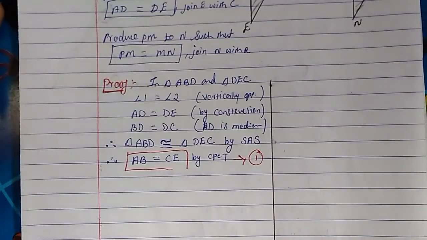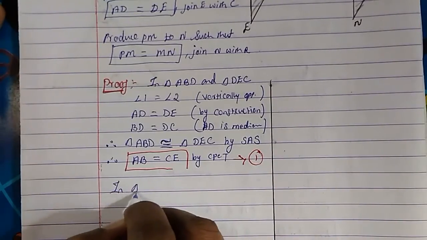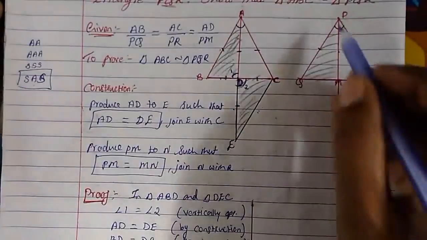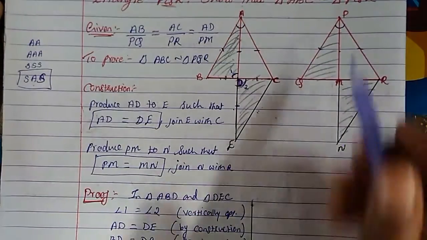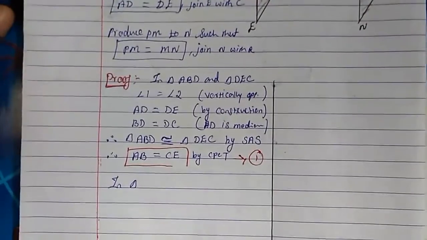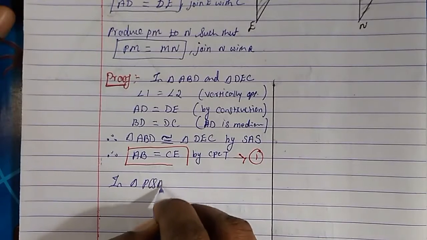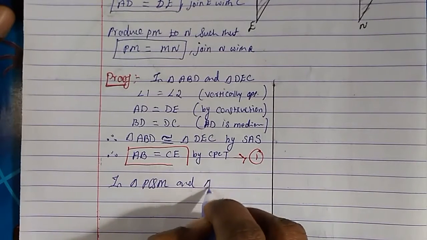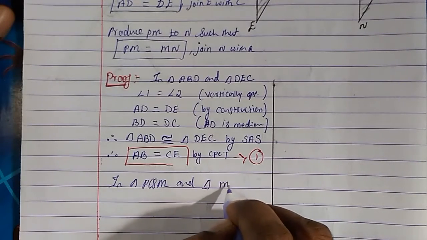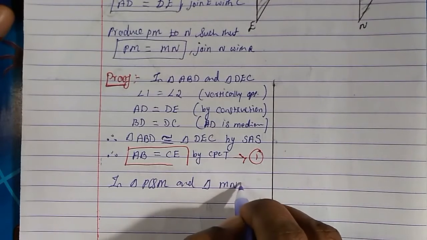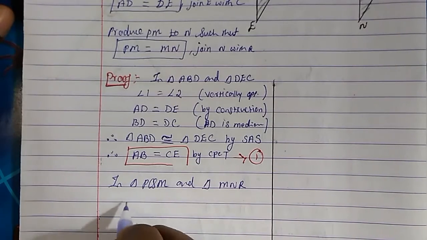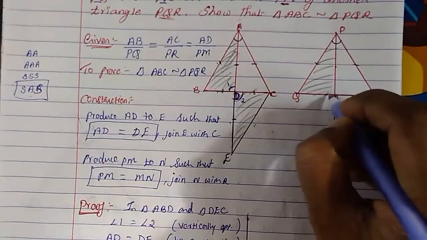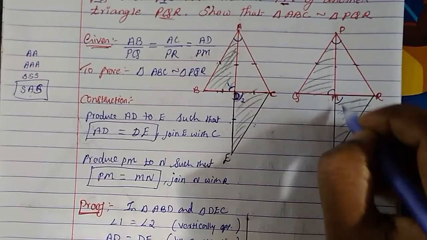Okay. So in triangle PQM, oh sorry, PQM, and triangle MNR. Okay, both this triangle, angle. Here also, both will become vertically opposite angles.